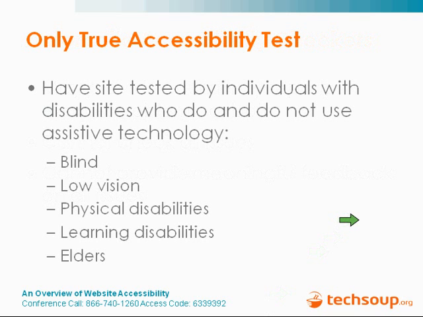And ideally, especially for small sites, you would get a range of users involved, including blind individuals, individuals with low vision, individuals with physical disabilities, individuals with learning disabilities, elders, etc. And even better, hopefully they would be able to test at least on Windows and on the Macintosh system.